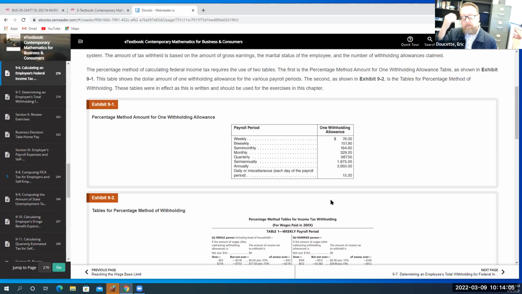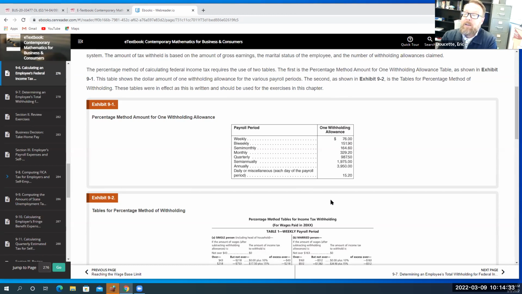So the first chart is basically based off of how many withholdings that the person has claimed. So if they claim 1 withholding and they're paid weekly, then in this case, if you look at the chart, they're going to take $76, as that's going to be taken right off of their total income and it will not be taxed. If they get paid bi-weekly, or they have more than 1 withholding, it would be double that.